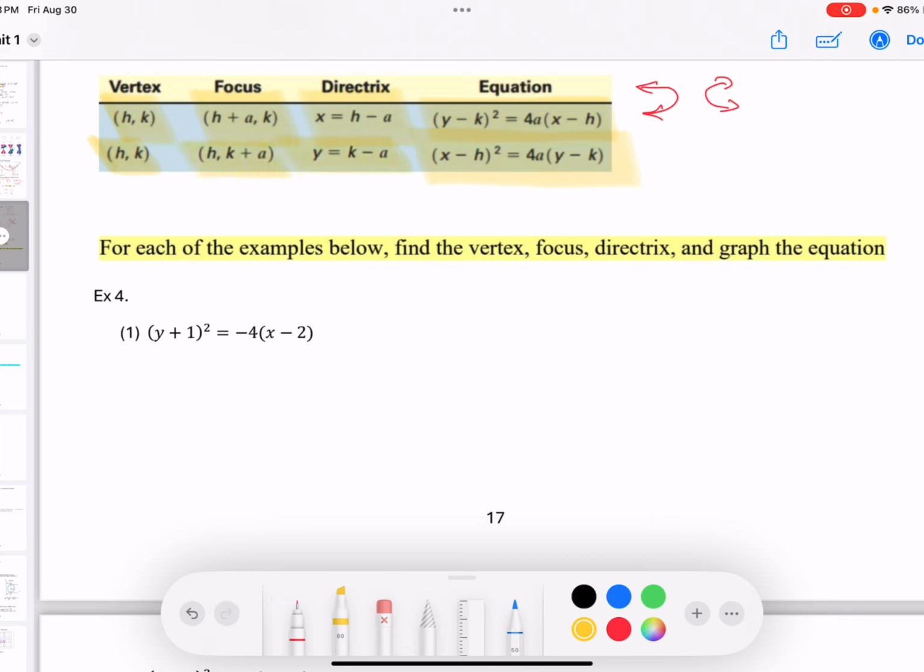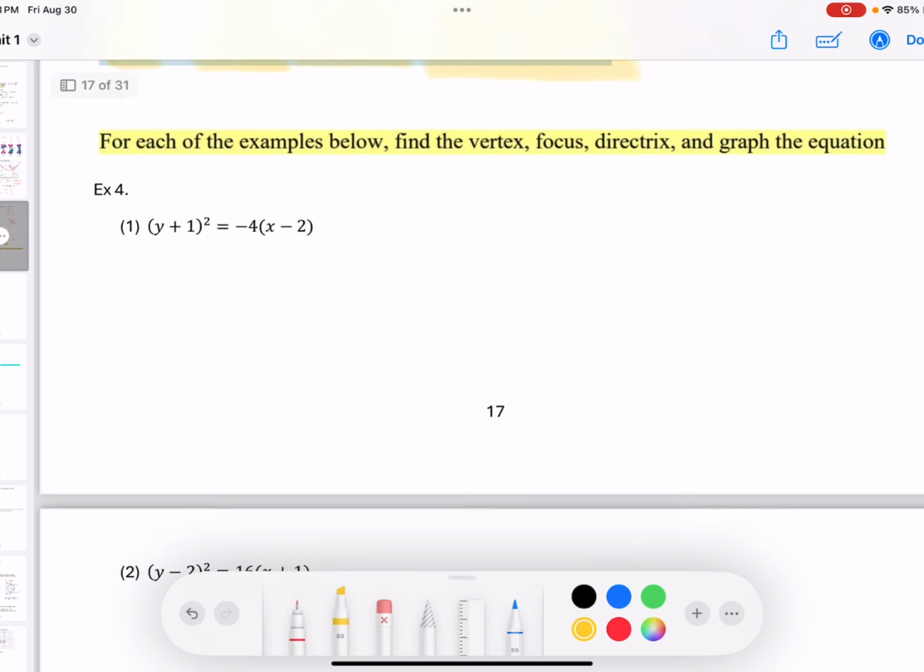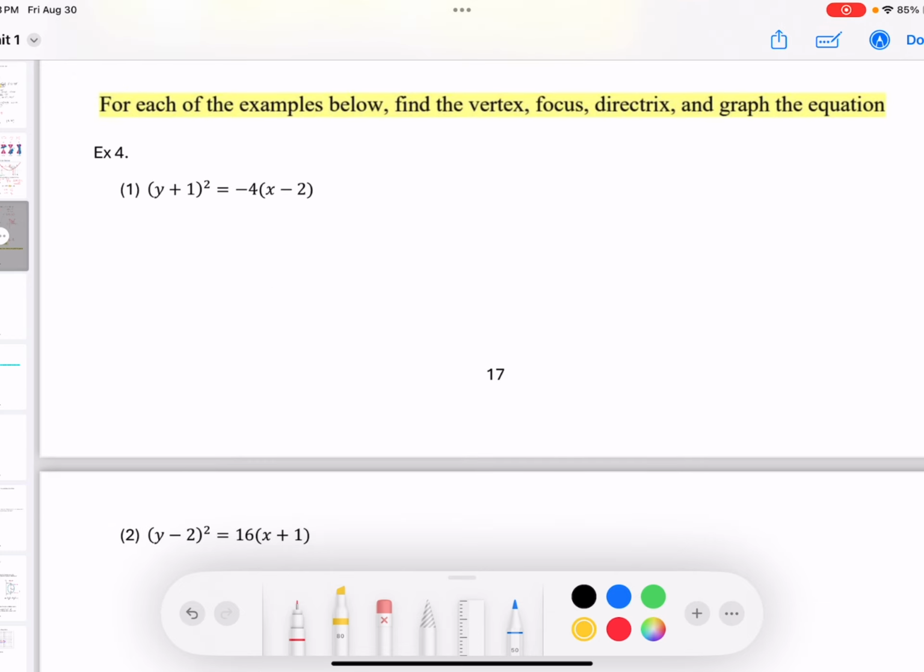They are (h, k plus A), and y is equal to k minus A. You can also use the graph to help you find the focus and directrix, because by the definition of the parabola, every point on the parabola is the same distance from the focus and the directrix. The distance from the vertex to the focus and to the directrix is the same, equal to the absolute value of A. Okay, let's use the formula, or you can just find your focus and directrix from your graph.